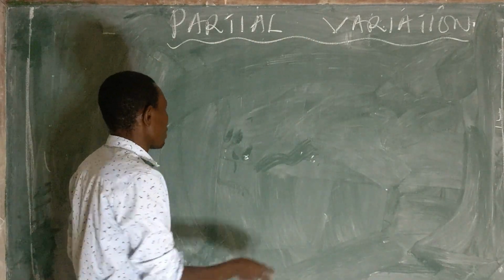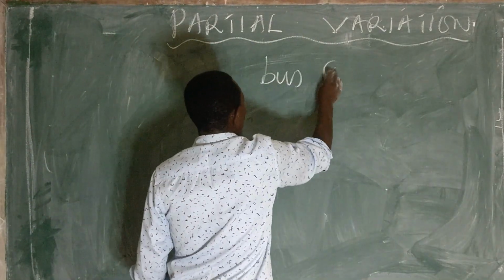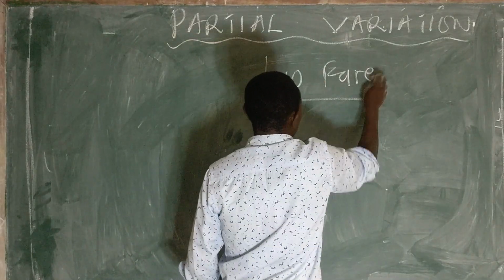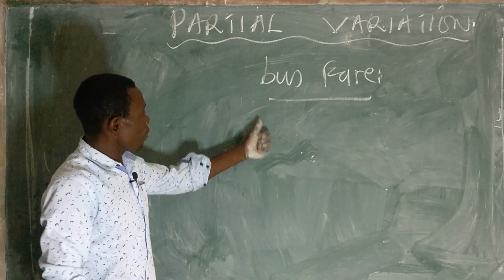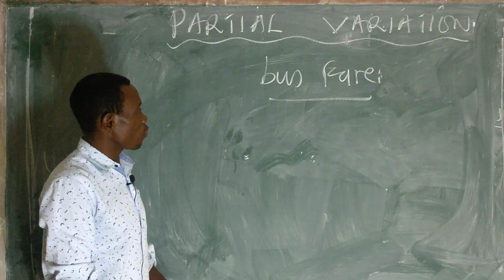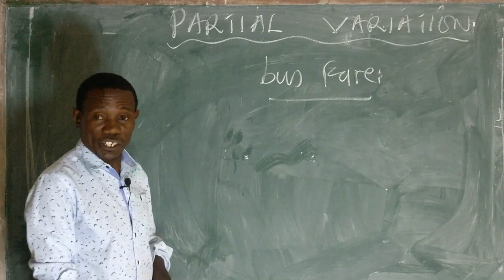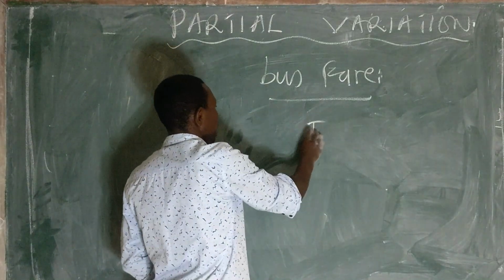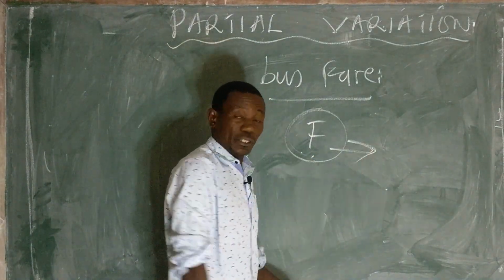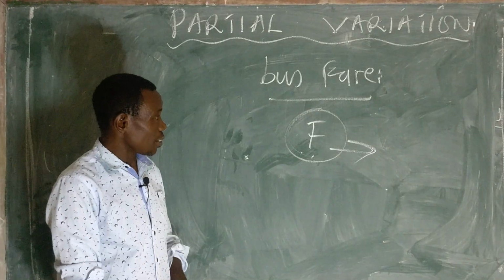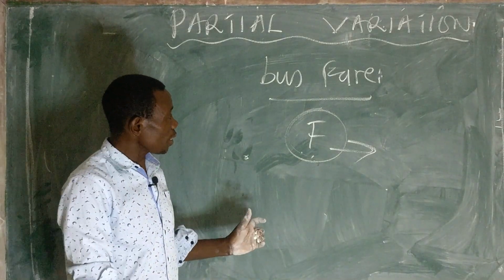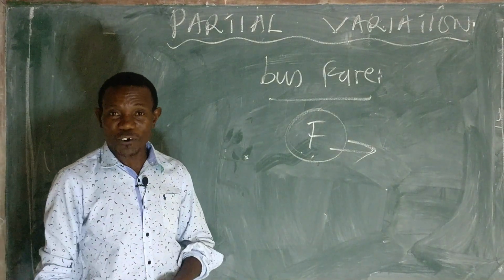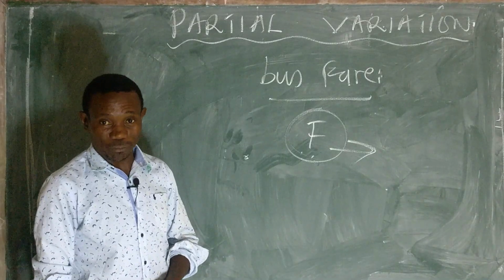Let me talk of a bus fare. It's just like the amount of money that you're going to pay to reach a particular destination. What is there in the bus fare? The charge, most of the time, depends on the interest of the owner of that vehicle.